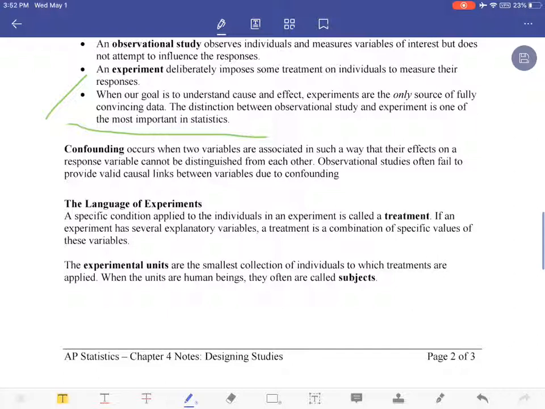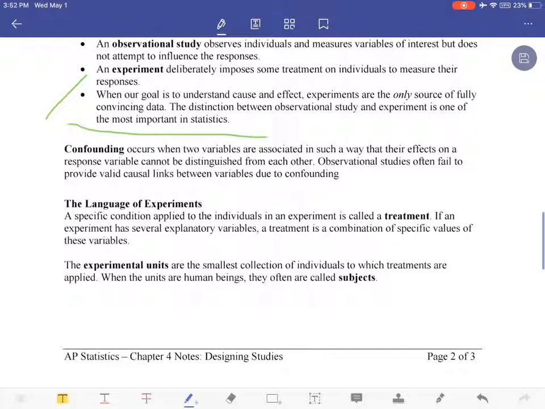if we're dealing with a cause and effect relationship, we want to make sure that we're using an experiment to do that because we're controlling as many variables as possible. So if we're controlling as many variables as possible in a controlled experiment, we can have a stronger sense of saying that our variables have a cause and effect on each other, whereas in an observational study, we're not controlling all those variables.